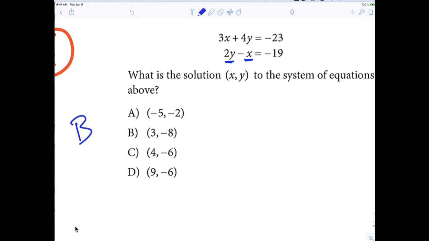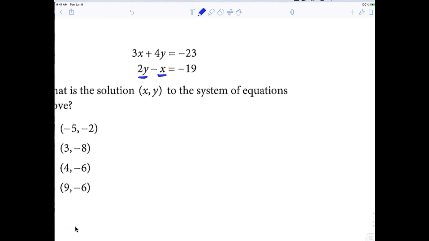Carly, you need some help on this one? All right, here we go. So the first thing I want you to do is to write 3x plus 4y equals negative 23, and then negative x plus 2y equals negative 19. You see that?